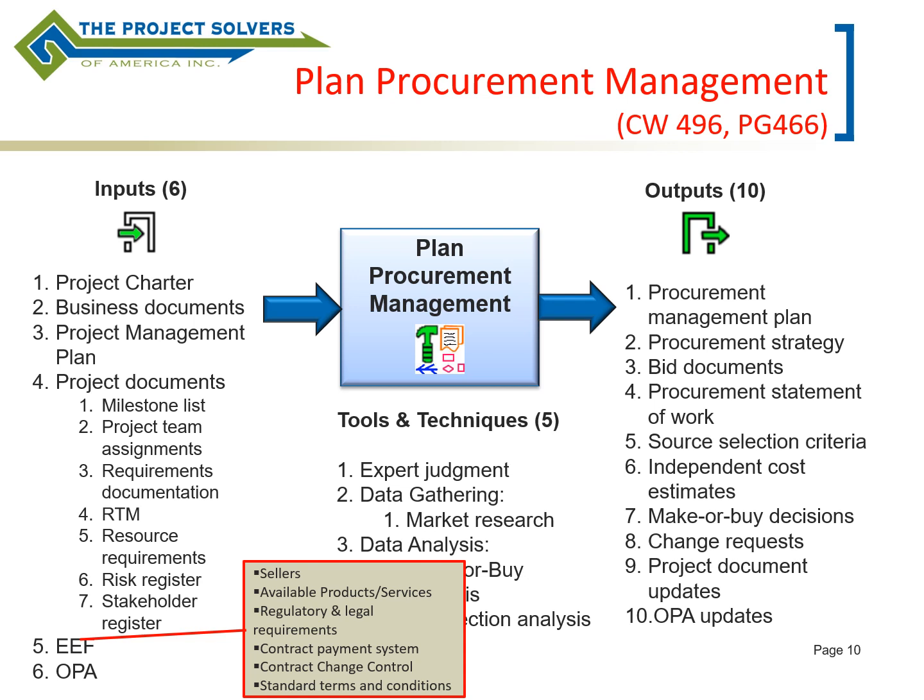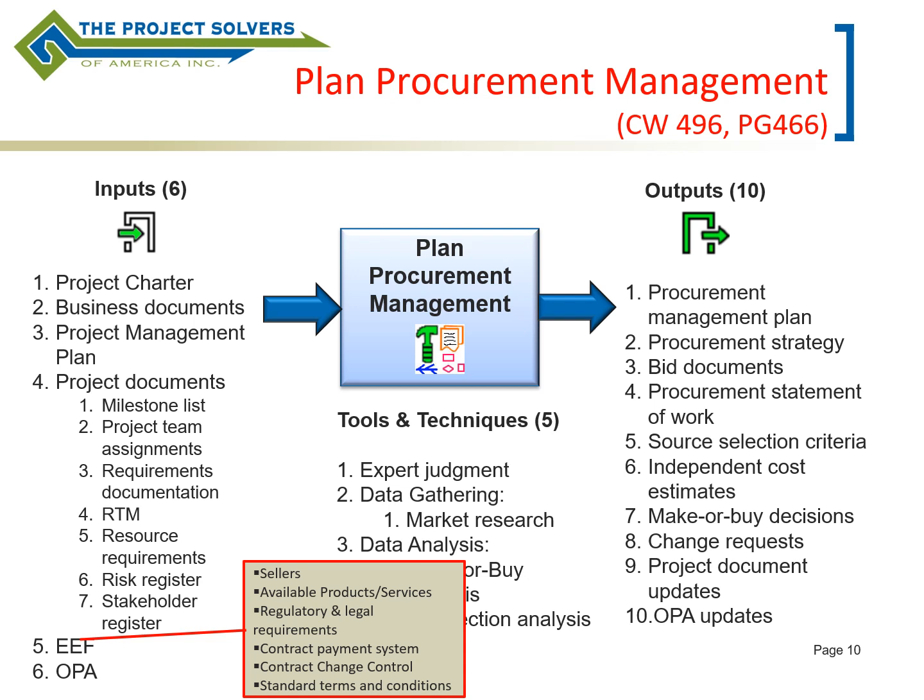And then for outputs, we have 10 of them. The procurement management plan we mentioned. We'll talk about your procurement strategy and which ways you're going to be setting up the contract based on that strategy.